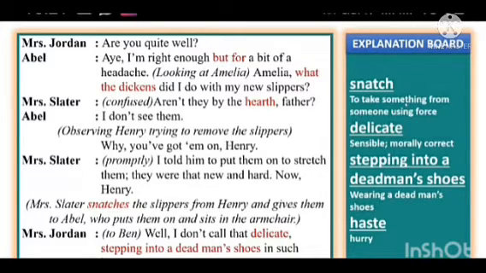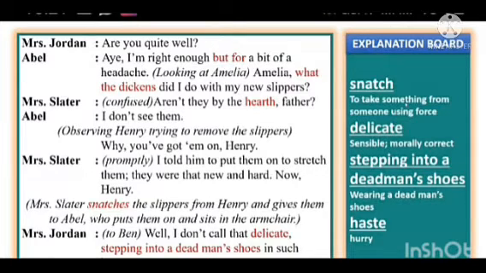So I'm suffering from a headache. That's it. And he points out to Amelia, what the dickens did she tell you about me? He showed his anger and asked his daughter. Then Mrs. Slater was confused.